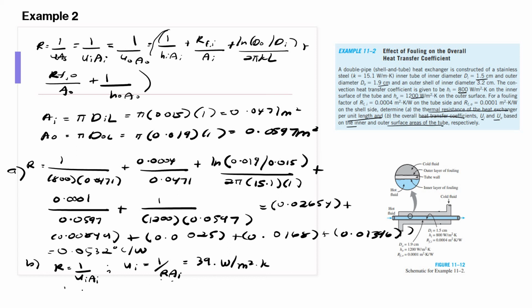So for U naught, 1 over R A naught, and the answer is 315 watt per meter squared kelvin.